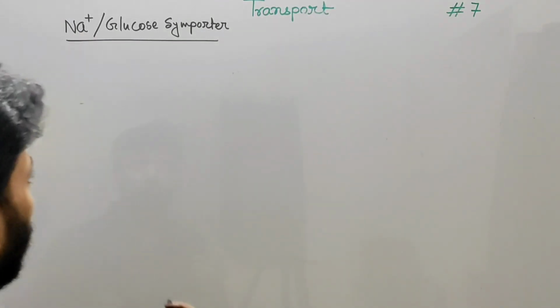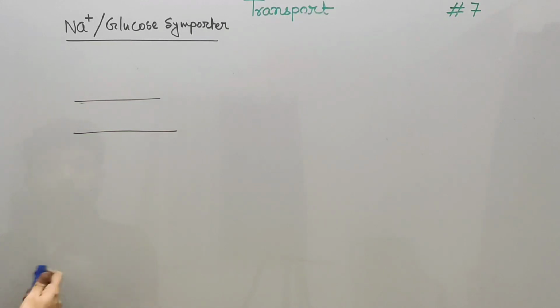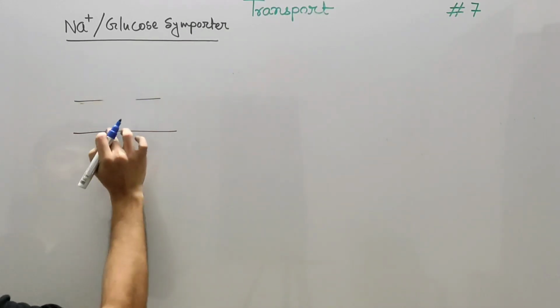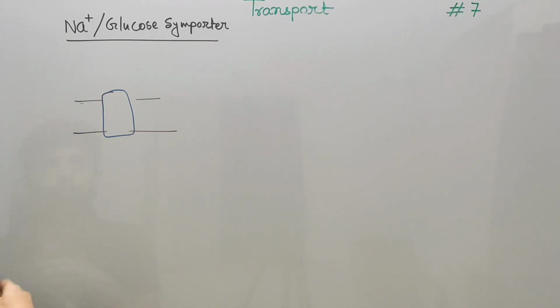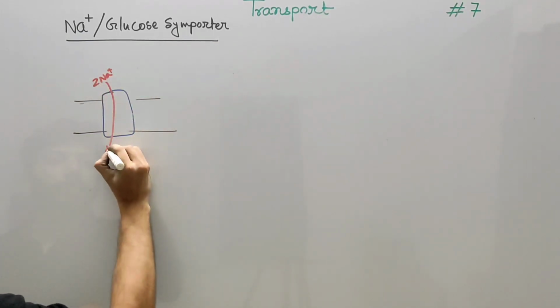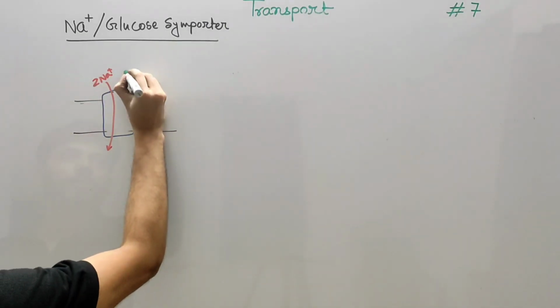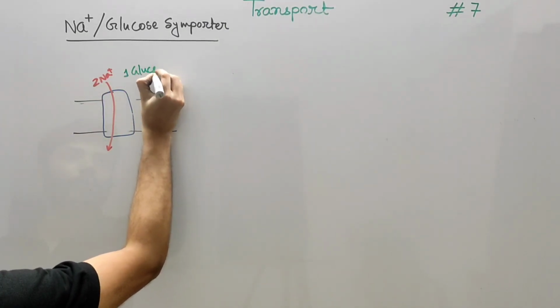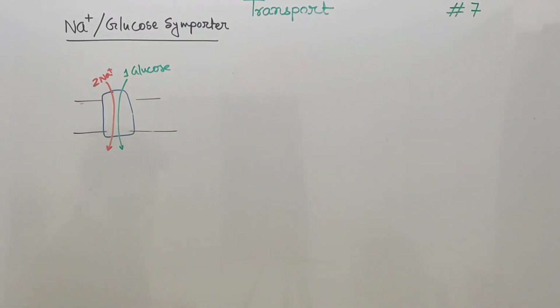So basically what is happening here: through this Symporter, two sodium ions move inside and one glucose moves inside. That's why it is called a Symporter.